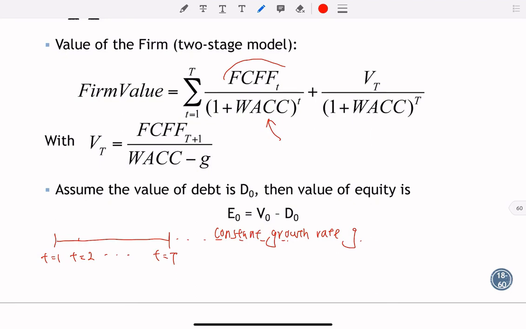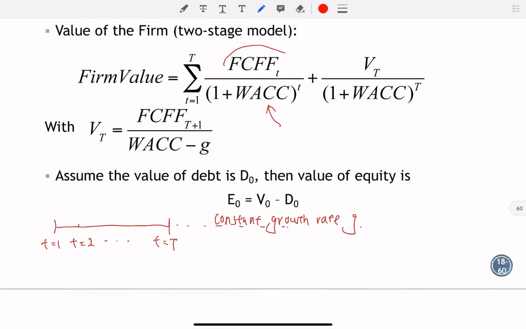And here I want to calculate the firm's value. So I will start here to calculate V_T, that is the firm's value at period T. It equals FCF_{T+1} divided by WACC minus g.